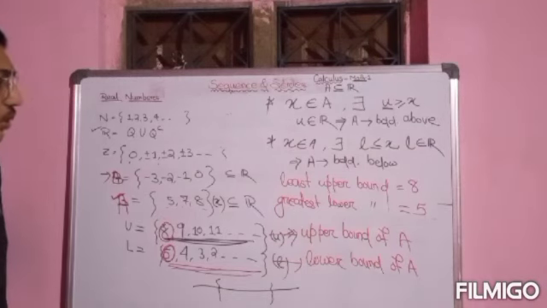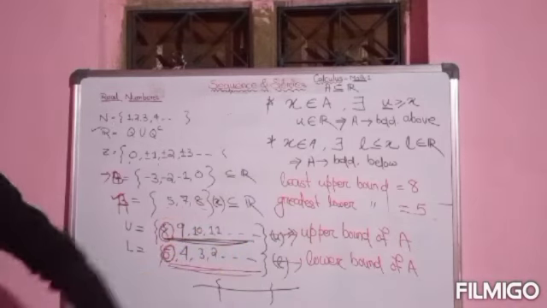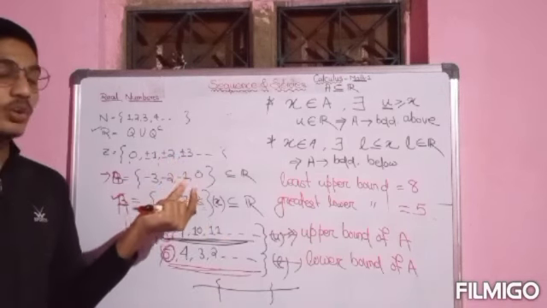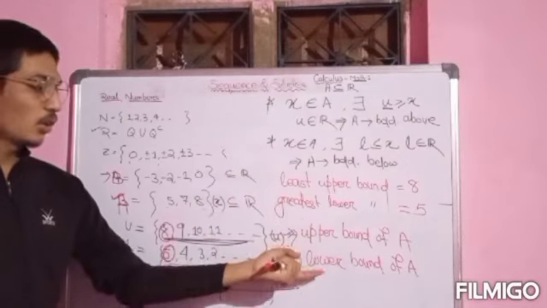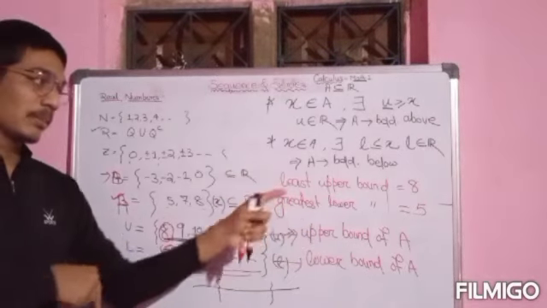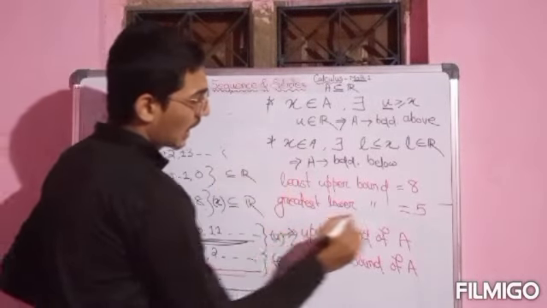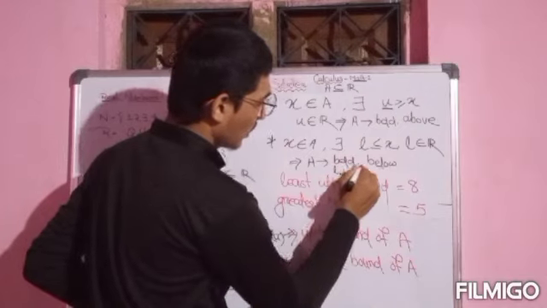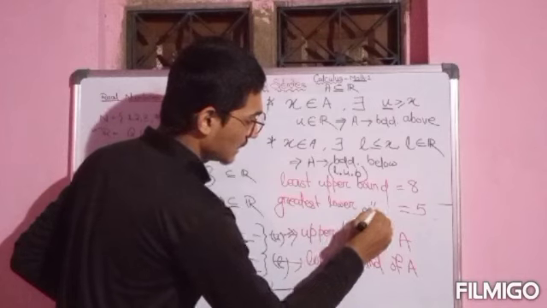What is bounded above, what is bounded below, what is an upper bound of A, what is a lower bound of A. In the upper bounds there is one which is least among them, called the least upper bound, and among the lower bounds there is one which is greatest, called the greatest lower bound. In short we can write LUB for least upper bound and GLB for greatest lower bound.